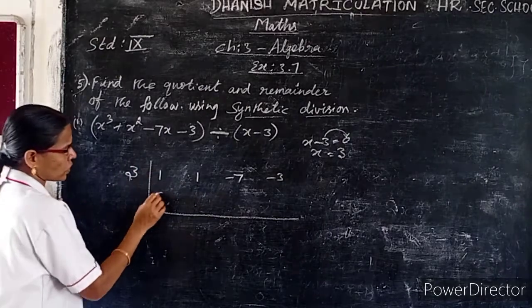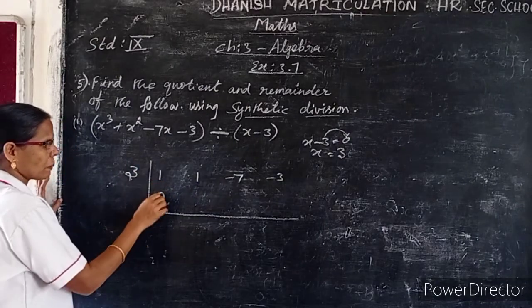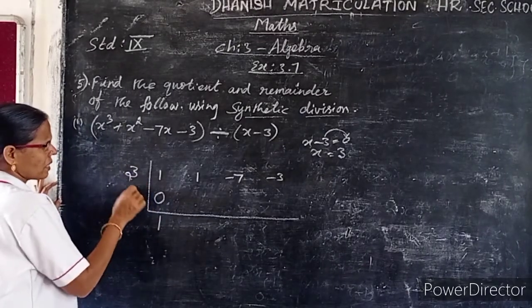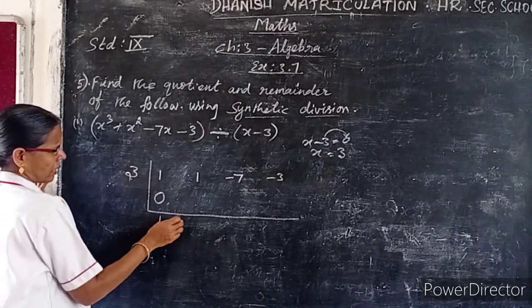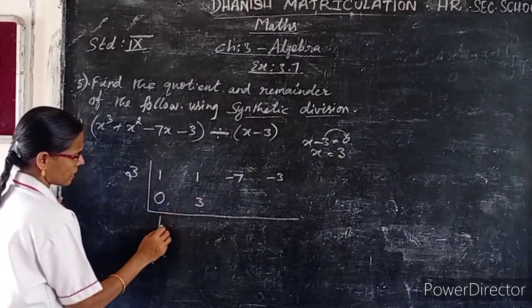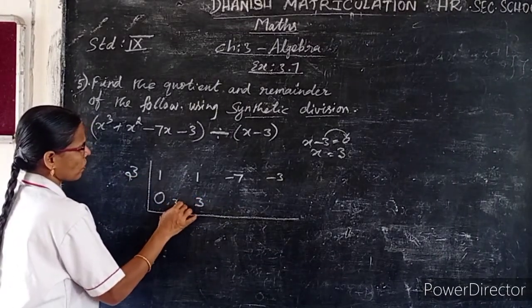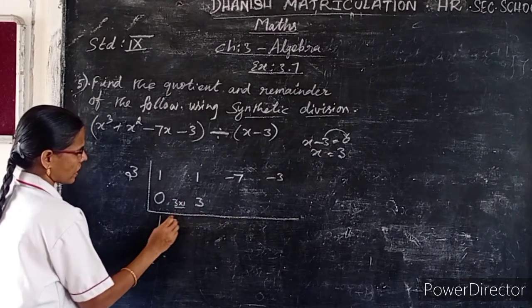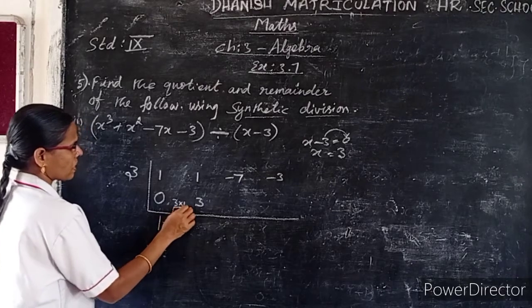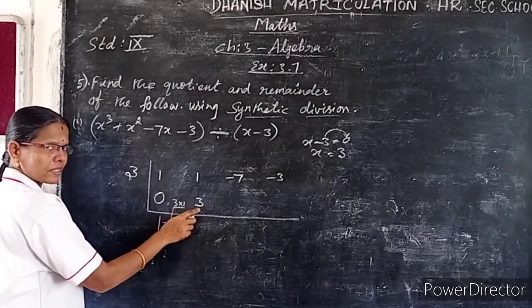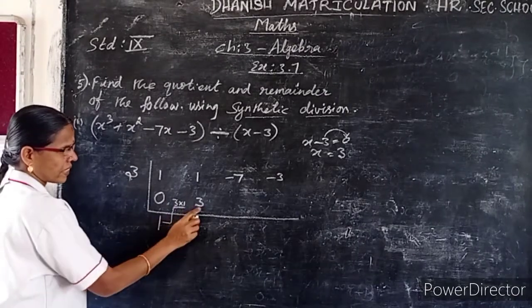So always put 0 here. 1 plus 0, 1. Now multiply this 3 into 1 and write the answer here. 3 ones are 3. So that is 3 into 1 equal to 3. This is only for your reference. So write that 3 here.